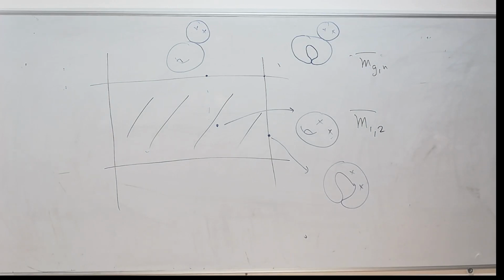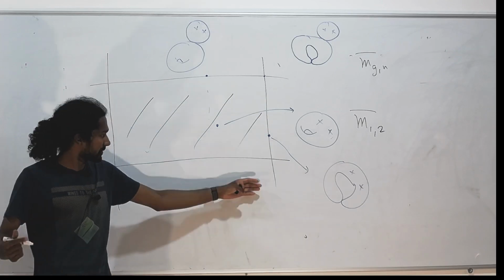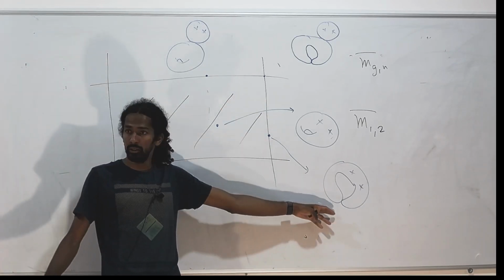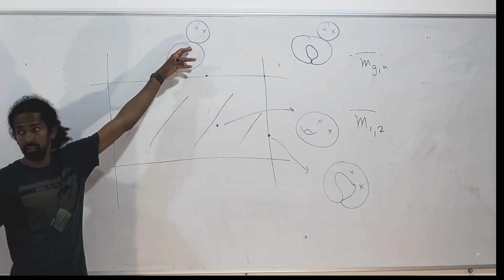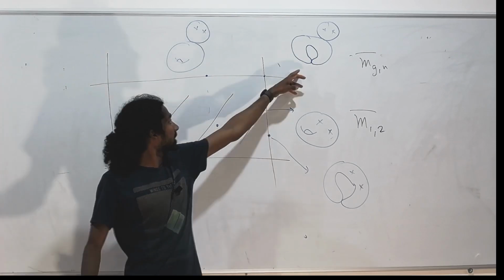So I hope this illustrates what the boundary generally looks like. The observation from this picture is that in codimension 1, you're creating one node, in two different ways, but you're creating a node. And when you go to codimension 2, you actually have two nodes.